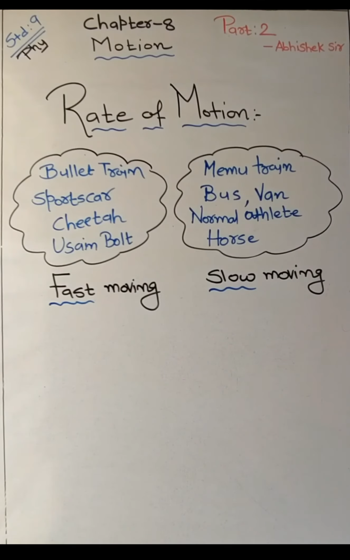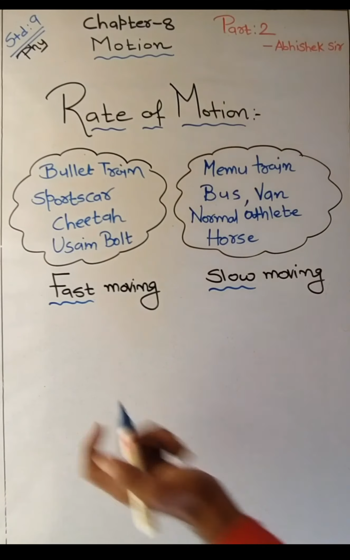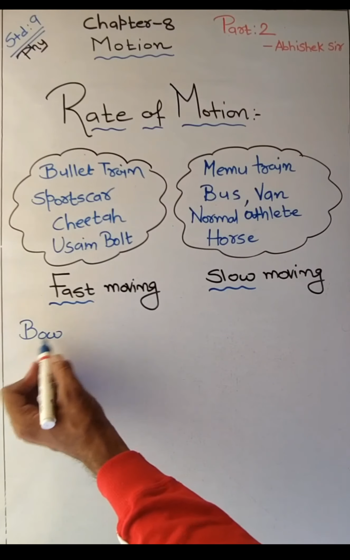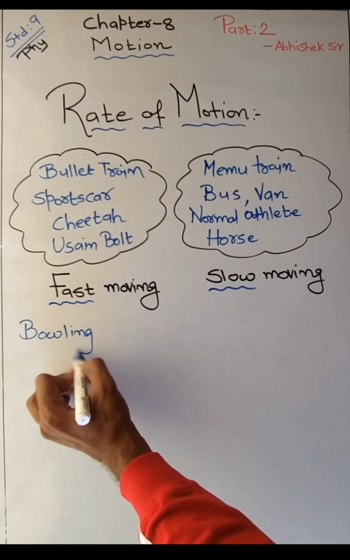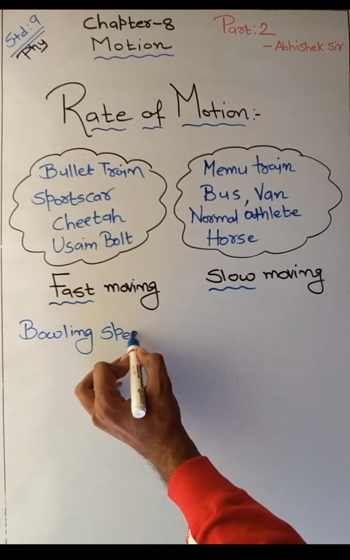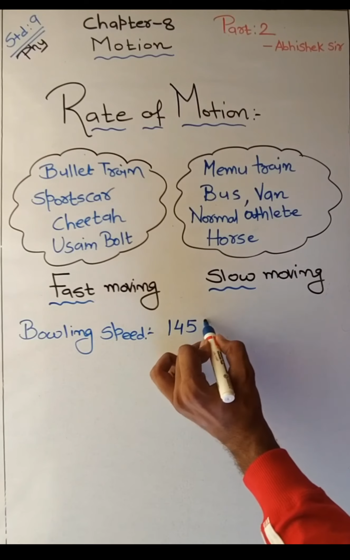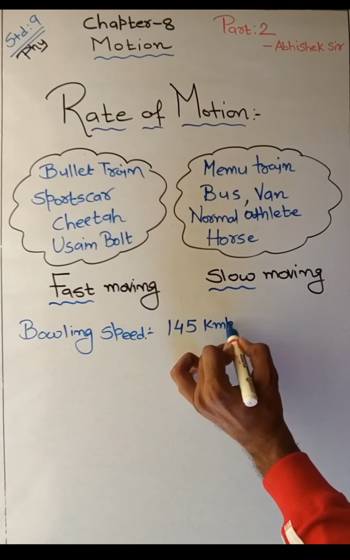Normally in other examples as well we come across various concepts, like if you are watching cricket, in an over they give the bowling speed. If a bowler is a fast bowler, let us assume they are giving 145 kilometer per hour speed.